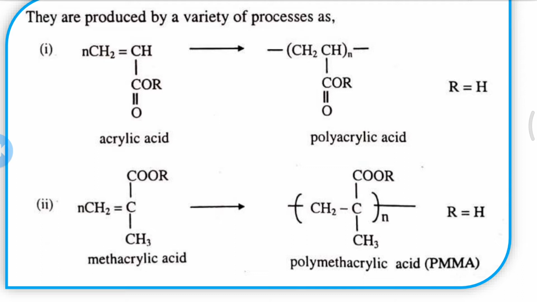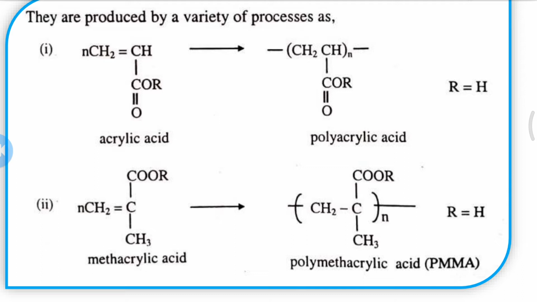They are produced by a variety of processes. Acrylic acid, CH2=CH-C(=O)OR, is an acrylic ester, and this acrylic ester polymerizes to form polyacrylic acid or ester.